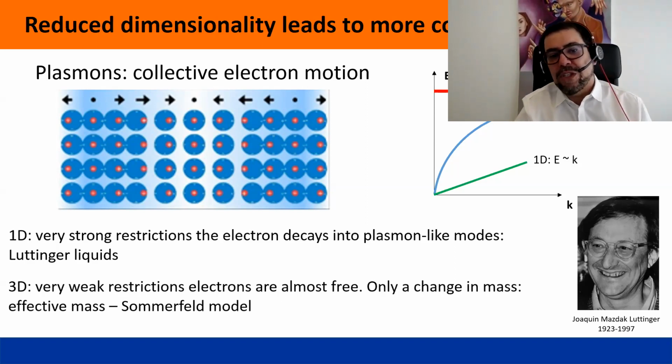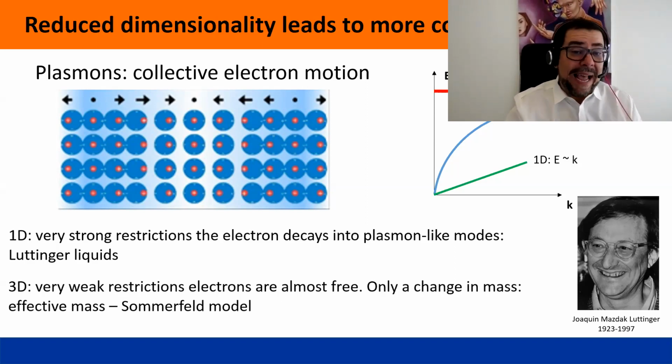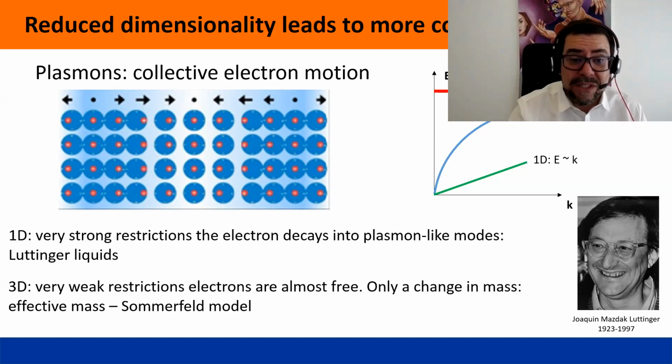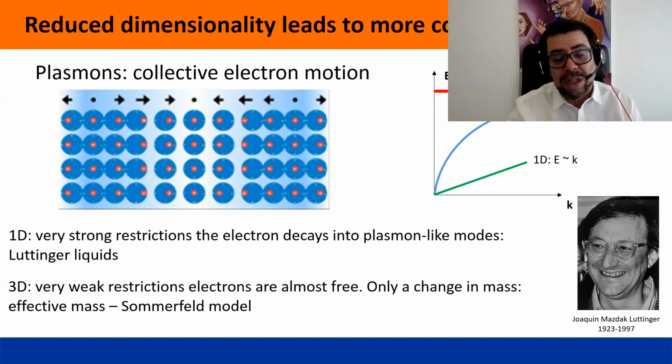The electron remains an electron in a 3-dimensional material, but it becomes either fatter or thinner. It loses mass or gains mass, but otherwise it remains an electron. So it's very extreme what happens between 1 dimension and 3 dimensions because of the interactions between the electrons.